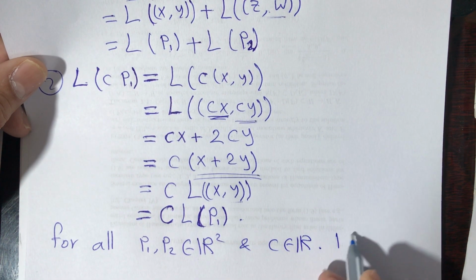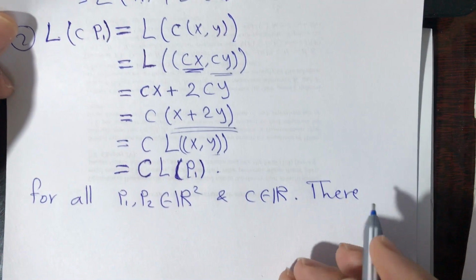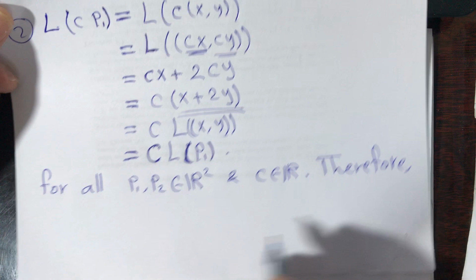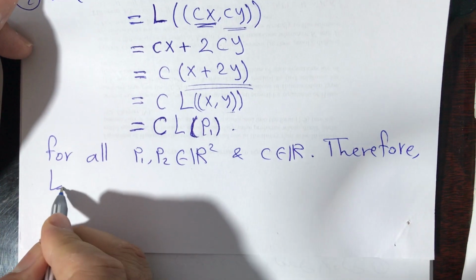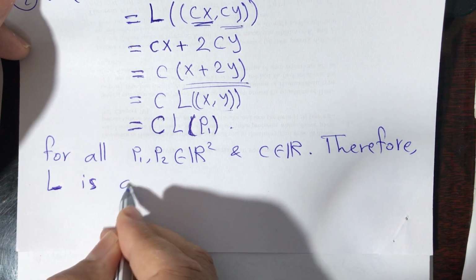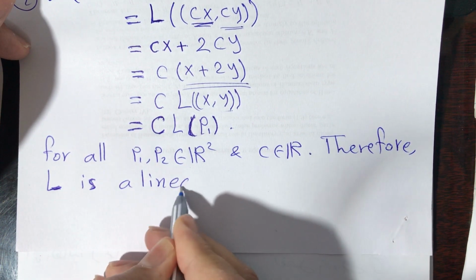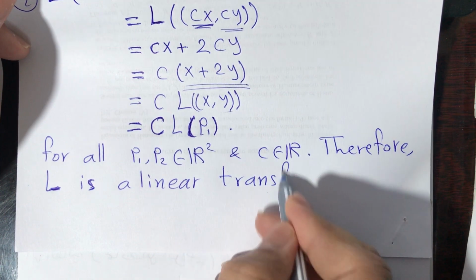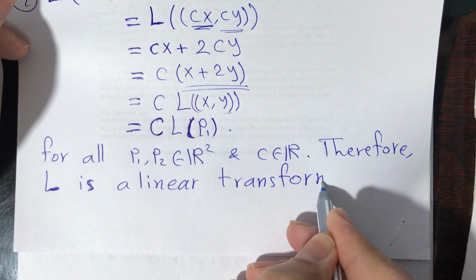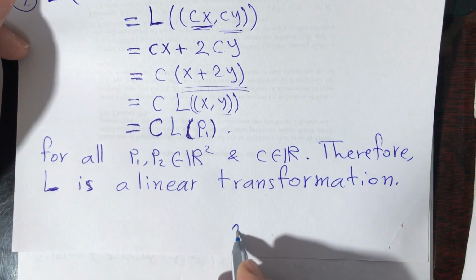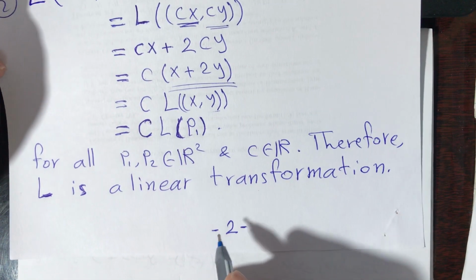Therefore, L is a linear transformation. This is page number 2. I think this is clear.